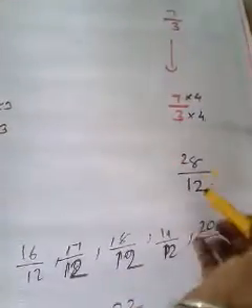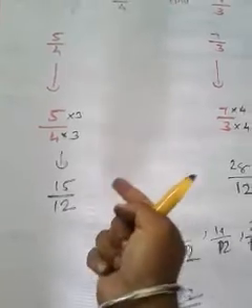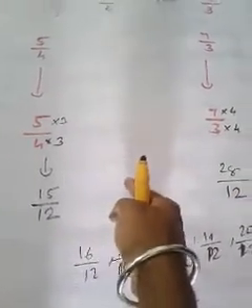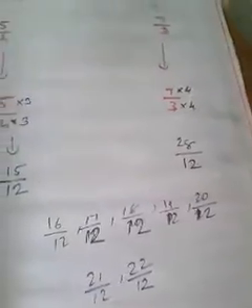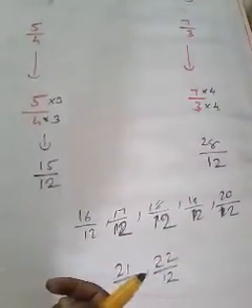Up to 28 by 12. So we can say the rational numbers in between start from 16 by 12, 17 by 12, and so on, up to 27 by 12. We can easily select 10 rational numbers out of them. You may have understood. So this is the method we have to follow.